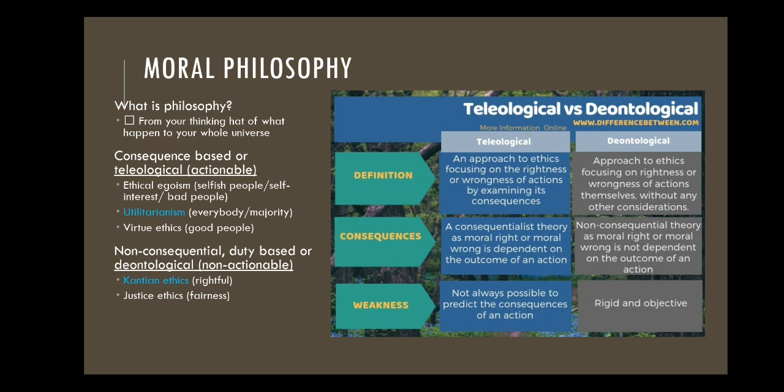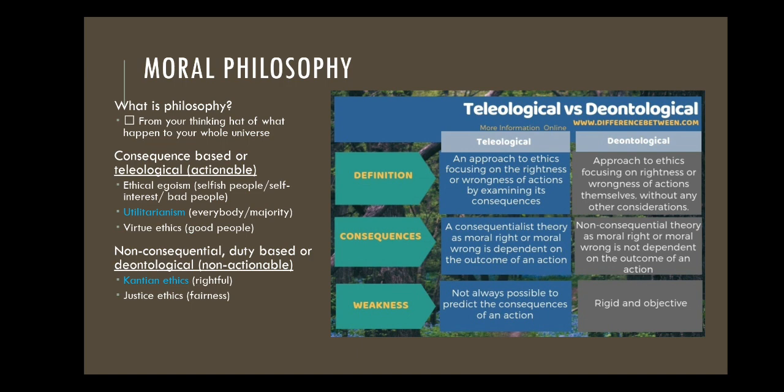Weakness. The weakness of these philosophies. For teleological philosophy, it is not always possible to predict the consequences of an action. Sometimes we think that by doing this, the consequences will be good, but we are not always correct.